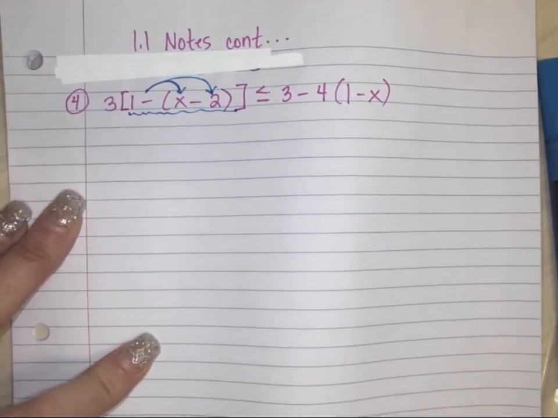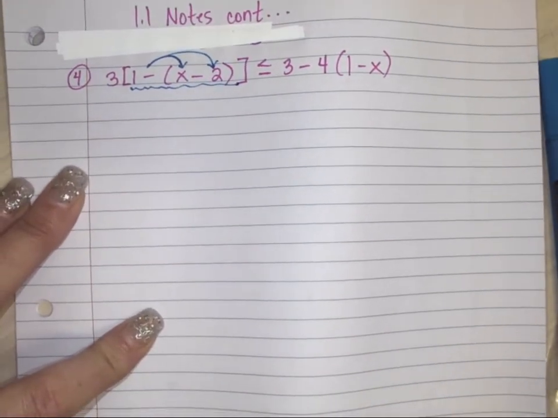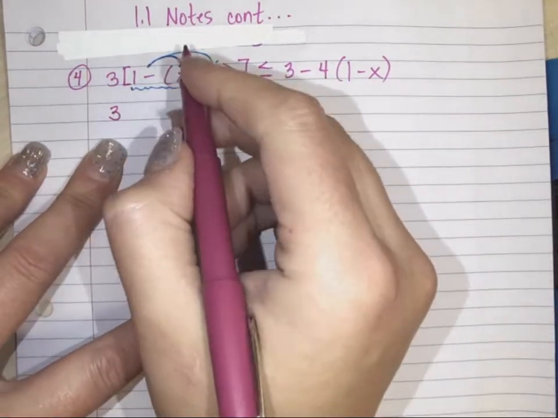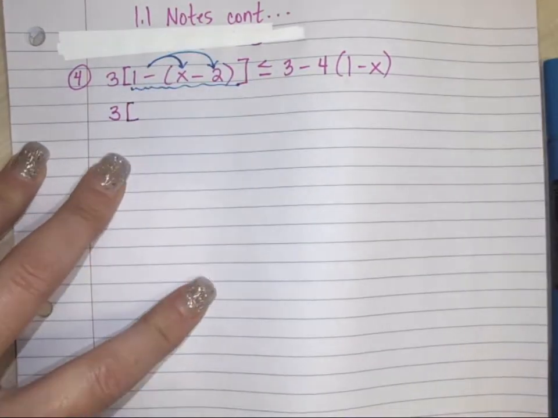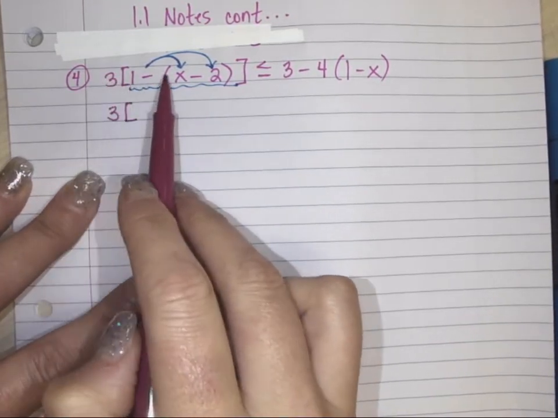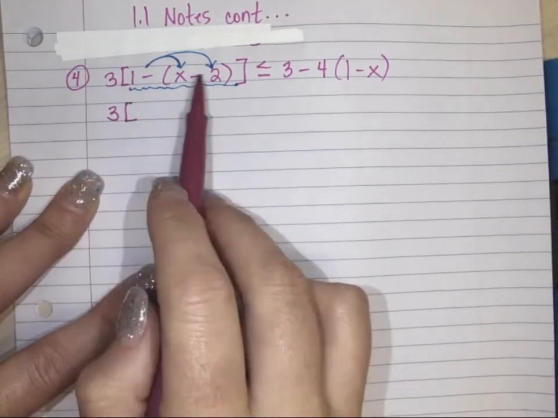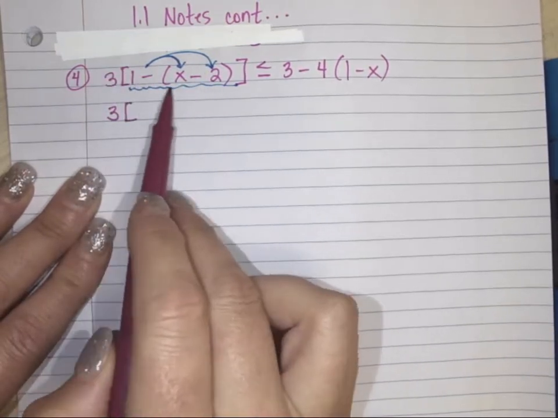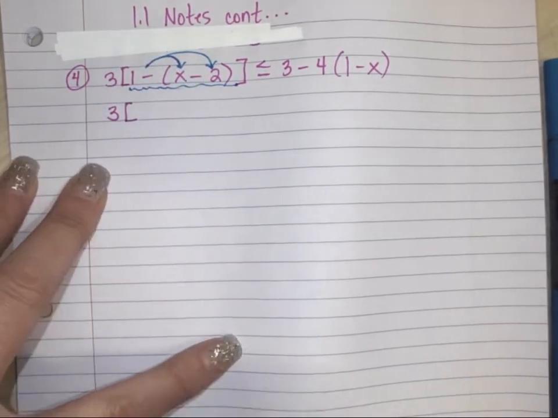So let's bring down the 3. Bring down that bracket. Do not forget to bring down grouping symbols. If you leave that off, then this will turn into simple addition and subtraction. I see that happen. And it's not. This is 3 getting multiplied to everything you clean up inside.